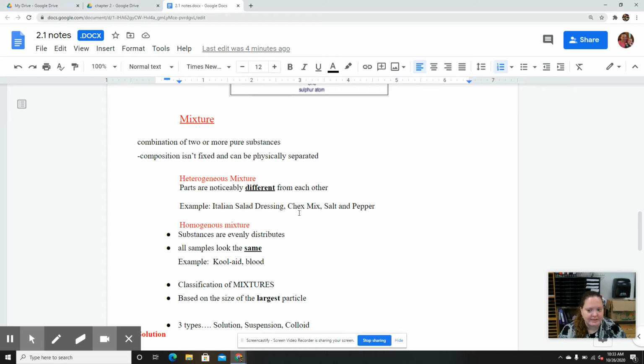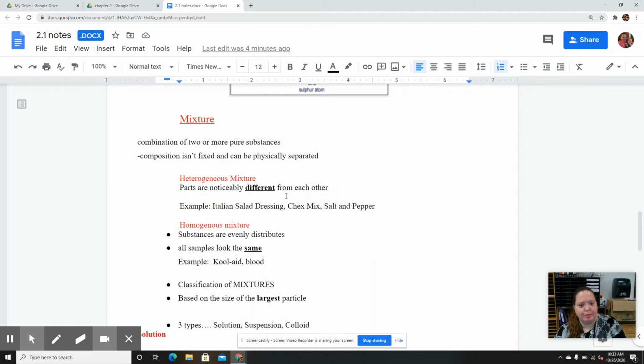Salt is NaCl, water is H2O. I could have a 1-to-1, a 1-to-2, a 2-to-3, but I can't change NaCl and H2O. So that's what I mean by a mixture.